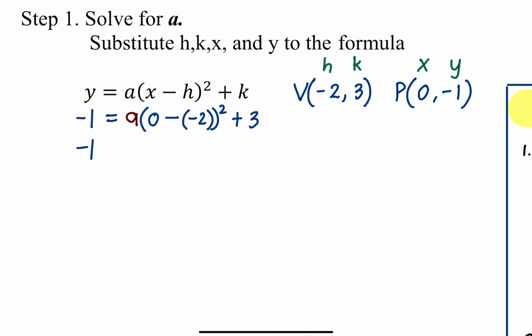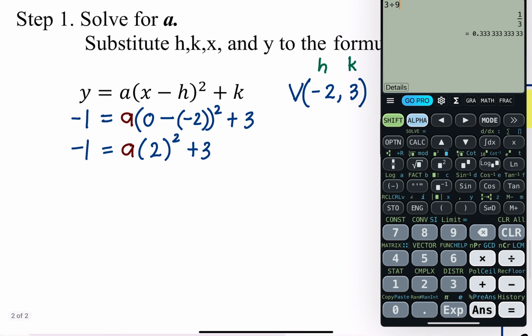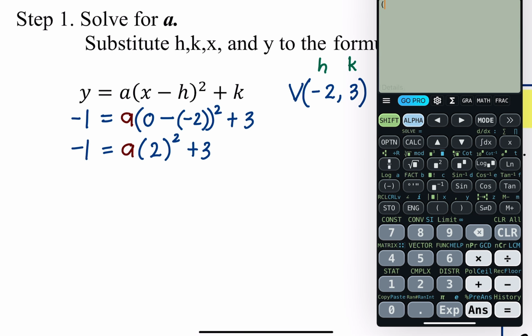So we have -1 = a, and 0 minus -2 is just 2. You can try to input that in the calculator and that will give you 2 squared plus 3.